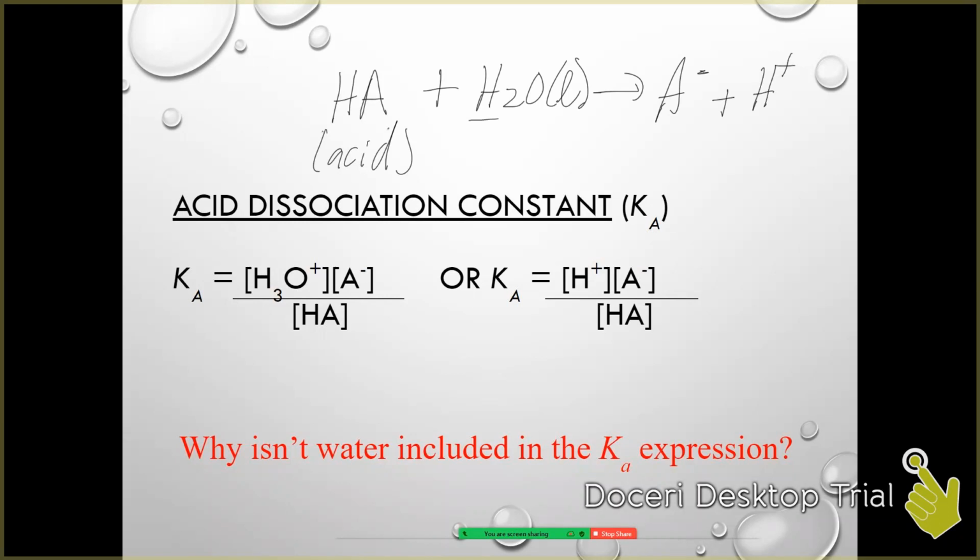So this H3O plus is what gains hydrogen in this case, but instead of writing it as H3O plus, you'll see it usually written as just A-, H plus. Those two are interchangeable.